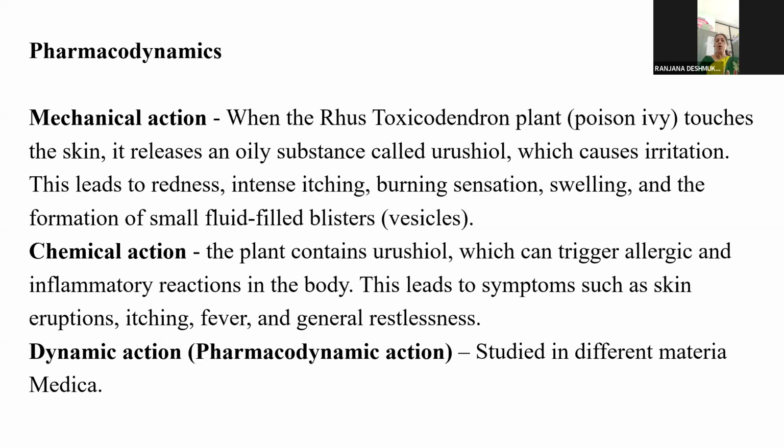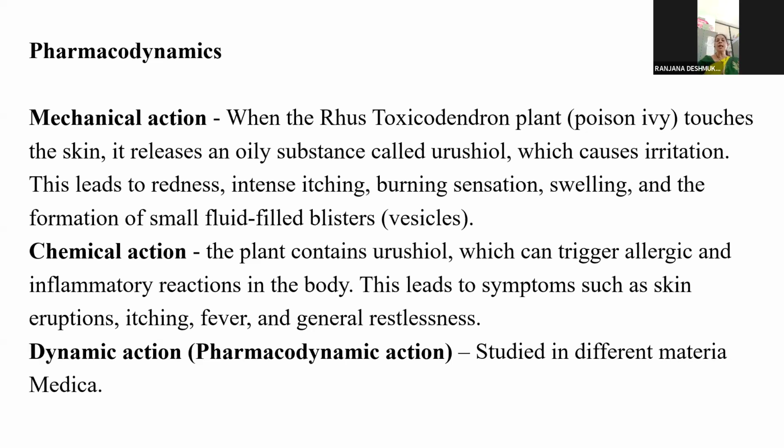It is an active chemical present in Rhus Tox. It triggers allergic effects or inflammatory reactions in the body, which lead to different skin symptoms like eruptions, itching, or redness, and the patient becomes restless. So this is the chemical affinity of Rhus Tox.